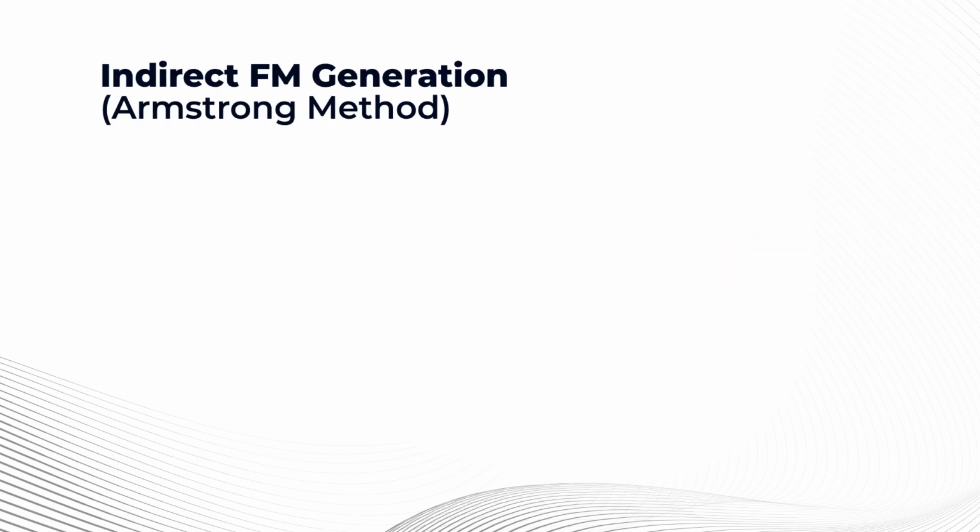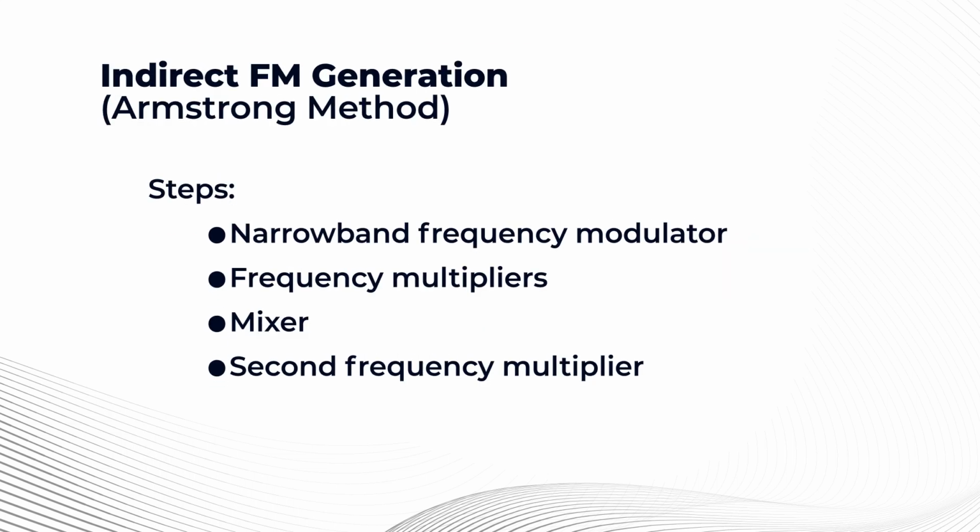Indirect FM generation involves several steps, including the use of a narrowband frequency modulator, a frequency multiplier, a mixer, followed by another frequency multiplier. Let's delve into each step in detail to understand the process.